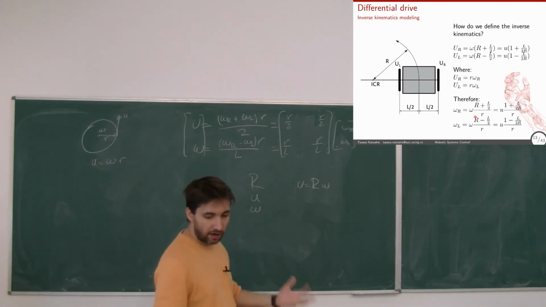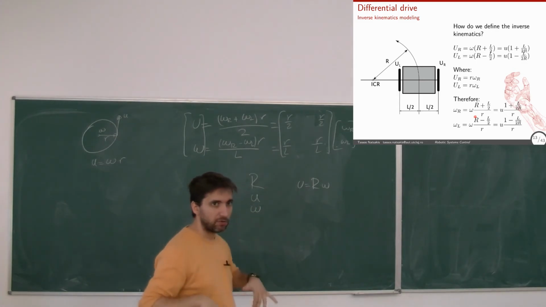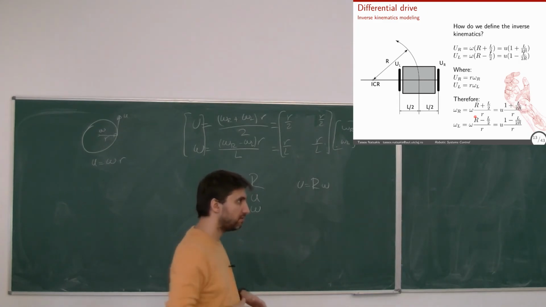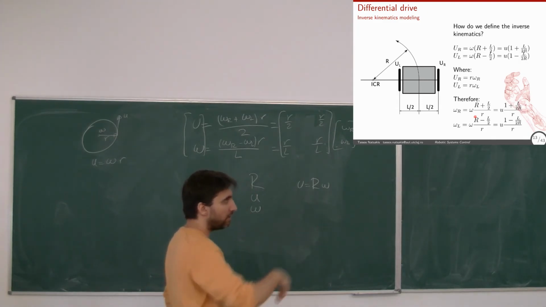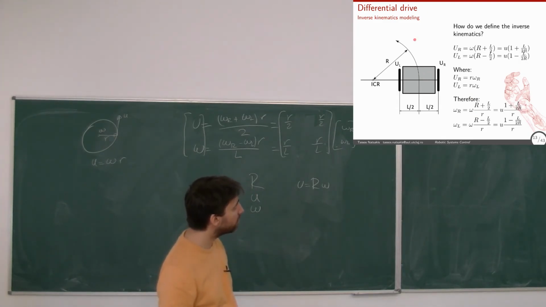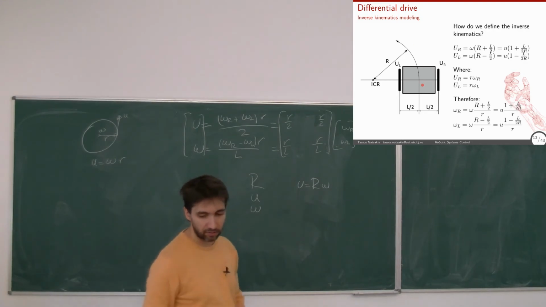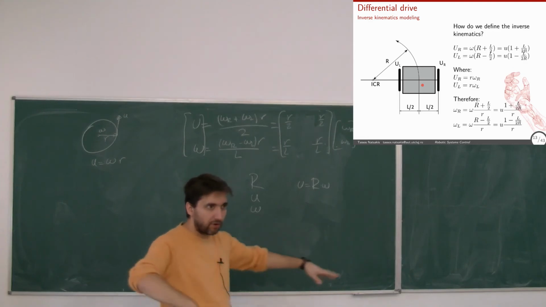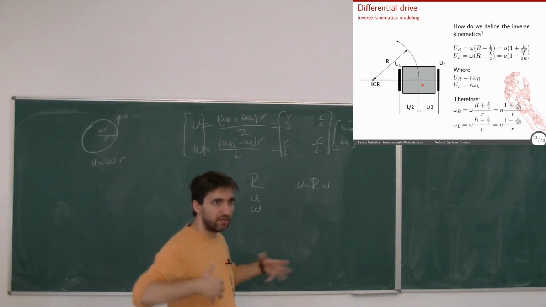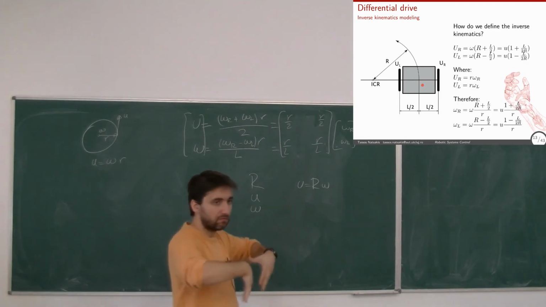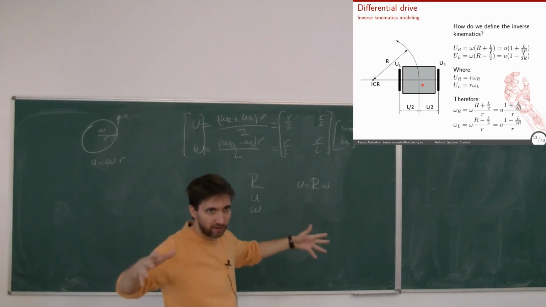Now all these are expressed in the frame of the robot. So we're talking about linear velocity in the frame of the robot, angular velocity in the frame of the robot, and so on and so forth. If I want to do something on the floor, I need to express things in the frame of a static frame, a world frame, let's say.